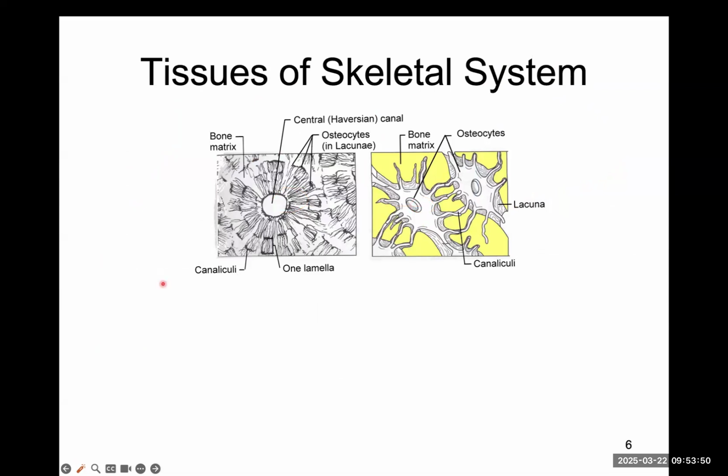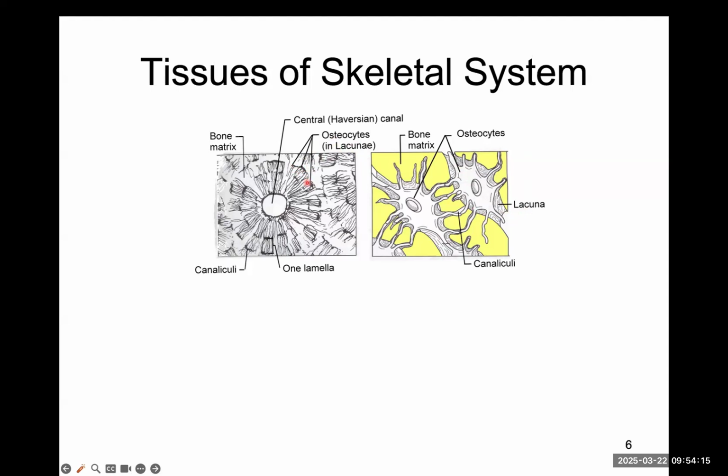Okay, so these are the cells, living cells, and this here, osteocyte, that's a living cell. And where they're found, that space is called lacunae, or lacuna for singular, lacunae for plural. Osteocytes are found in lacunae. Okay, so in the skeletal system, we have bone, and what's the rest of it?